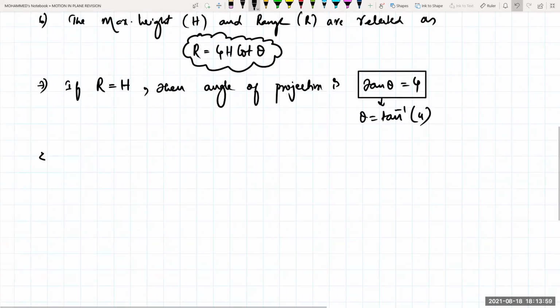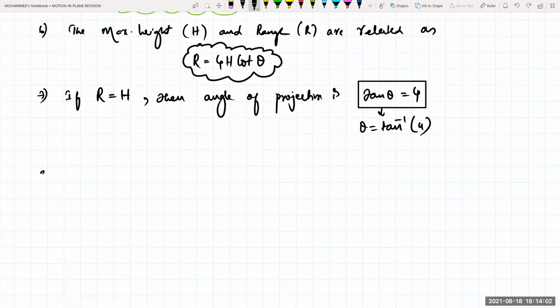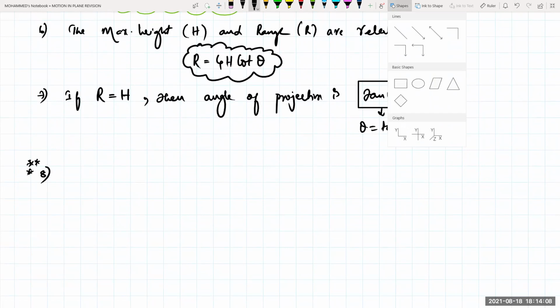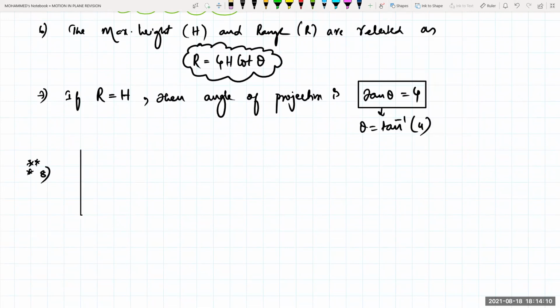The next one is something very important, which you should always keep in mind. Keep a double star mark for this one. The condition is like this, in a projectile. This is your projectile, this is your y-axis, this is your x-axis.